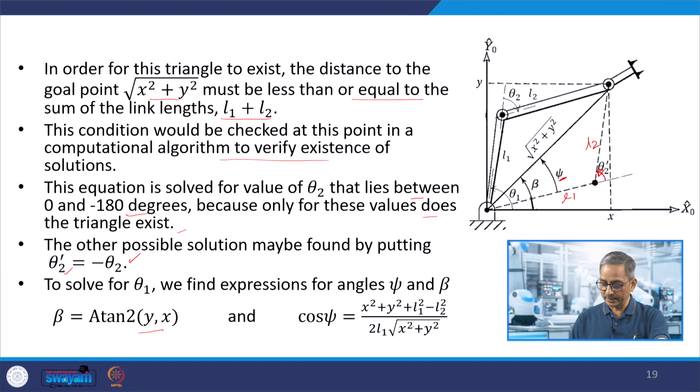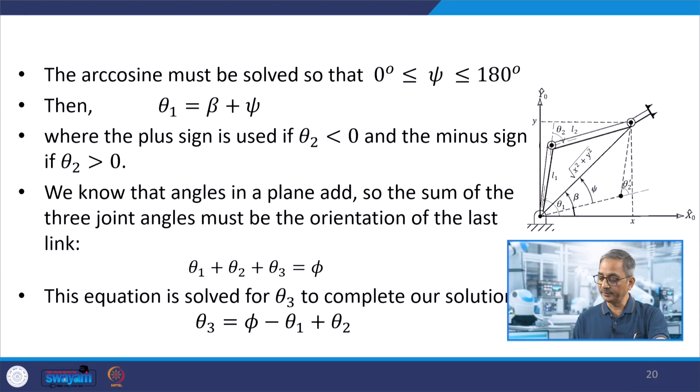This way I can get the value of cos psi, and then what is my theta 1? This theta 1 is basically beta plus psi. It is this value plus this value, because this value and this value are going to be the same. So, theta 1 is beta plus psi.